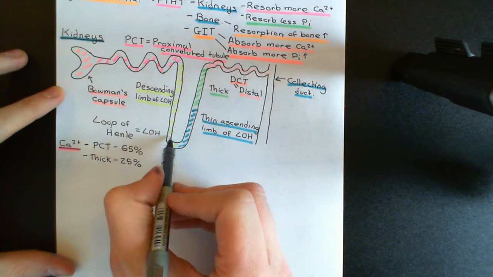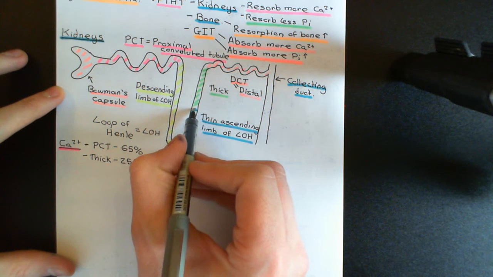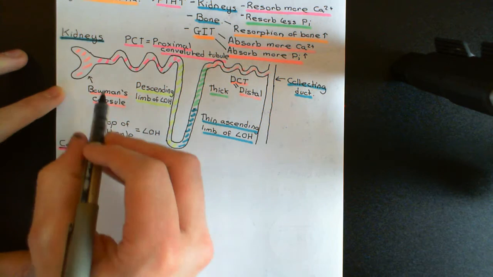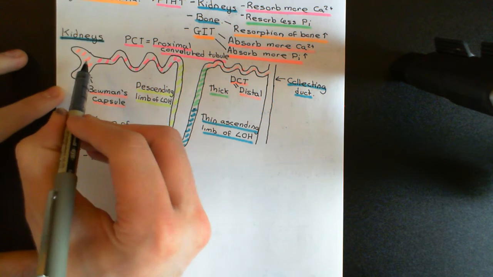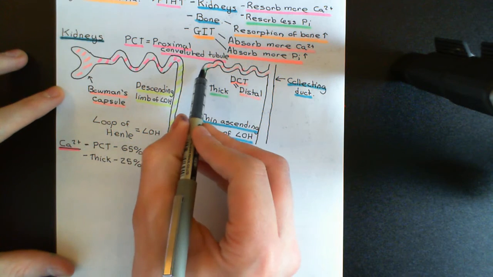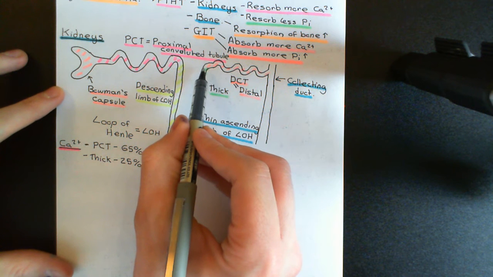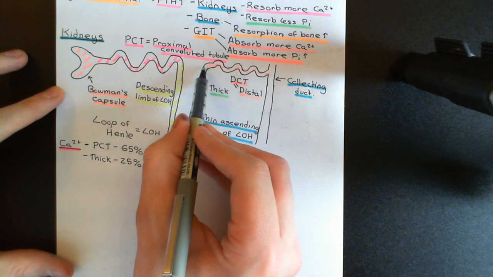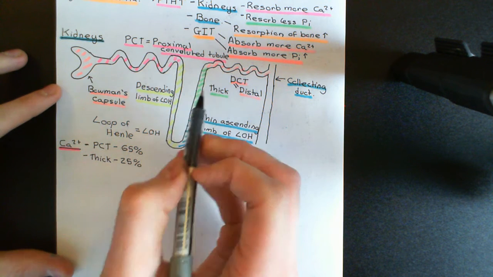So I don't mean 25% of what's left when it's arriving here. I mean 25% of the calcium that was in the initial glomerular filtrate is going to be reabsorbed in the thick ascending limb of the loop of Henle. Okay, so by the time it gets here, 90% of the calcium has been resorbed and only 10% is left over.